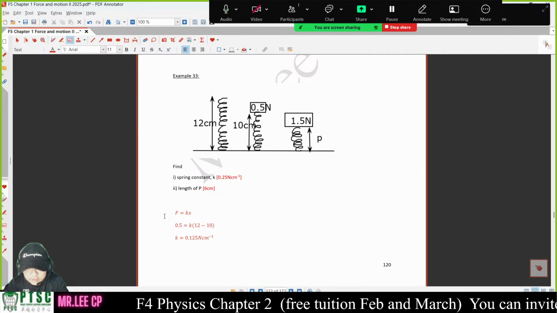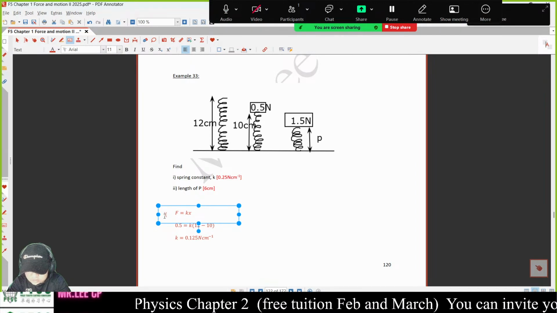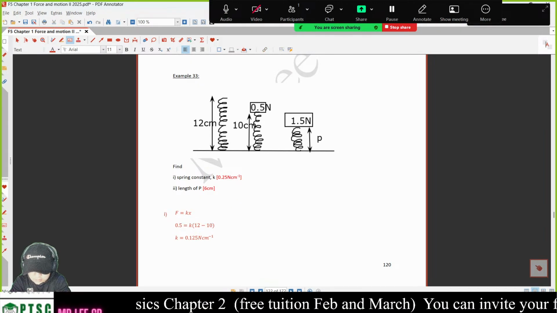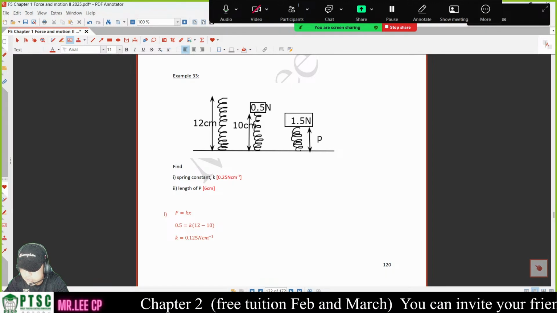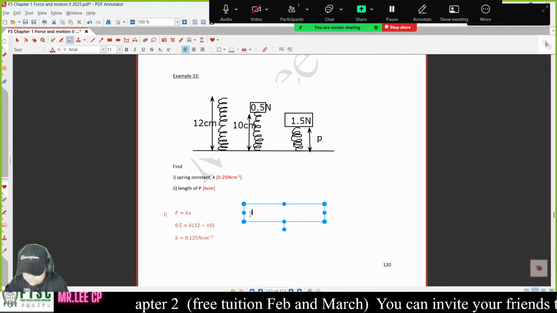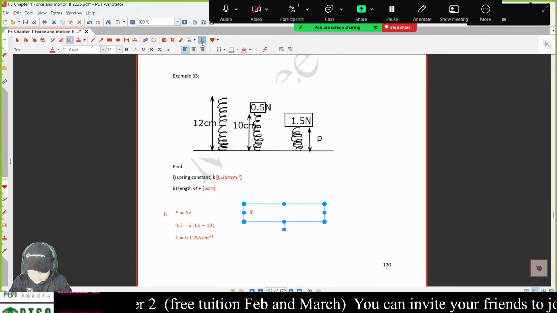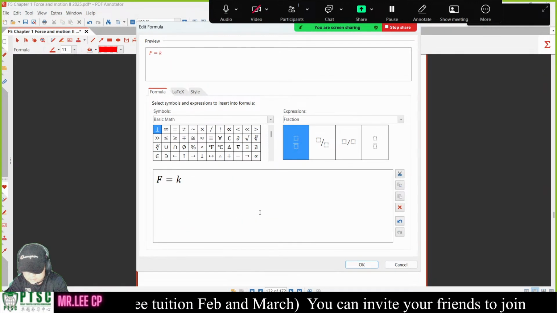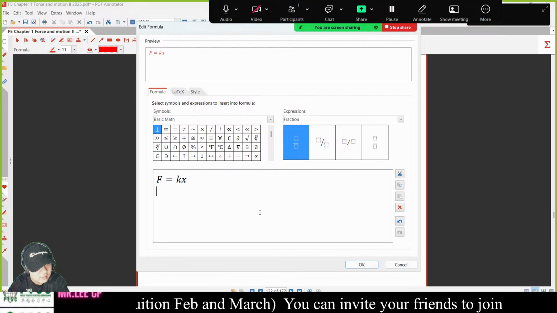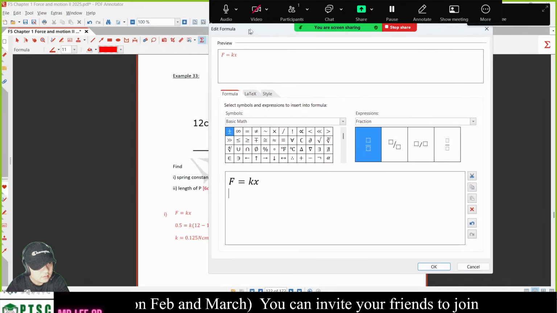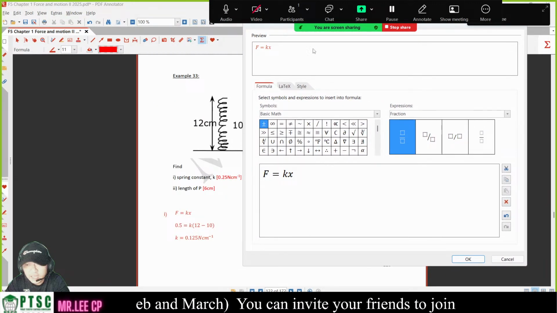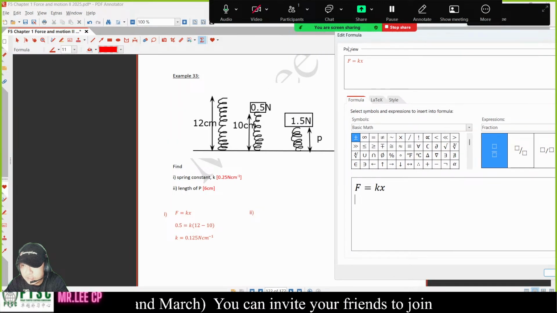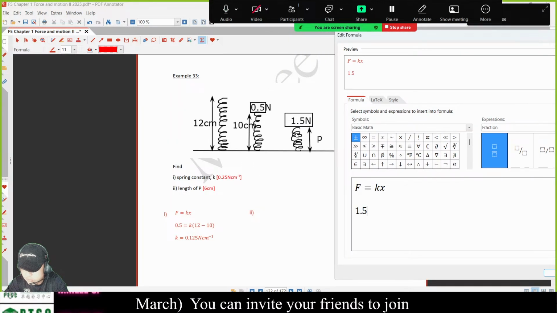The second one, they ask you about P, right? P, how long it is. F is Kx again, same thing. F is right here, it is 1.5 Newton.